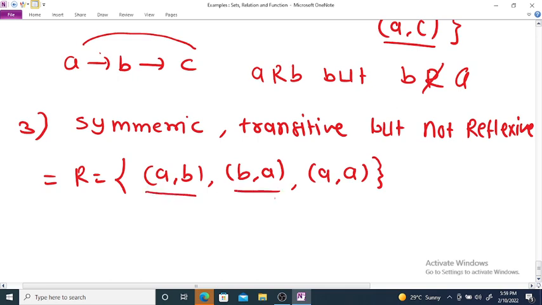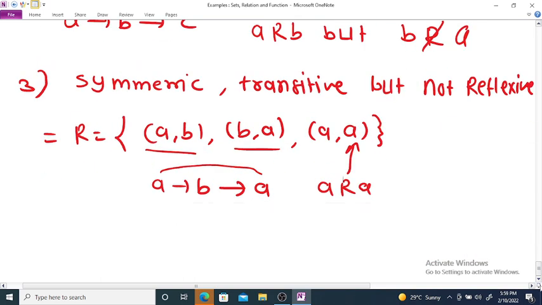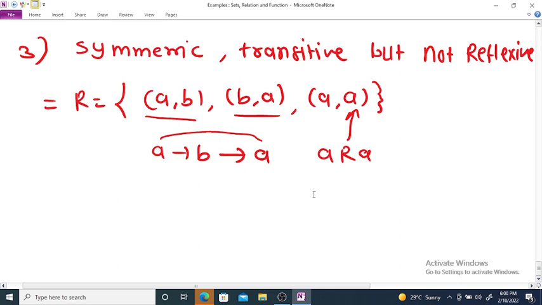AB is there, then its pair BA is also there. A related to B and B also related to A, so we want A also related to A. The pair AA is there, so it is symmetric, transitive but not reflexive. Why not reflexive? Because when we say reflexive, every element in that set must be related to itself. BB is not there in the given set R, then CC is not there, DD is not there, therefore it is not reflexive.